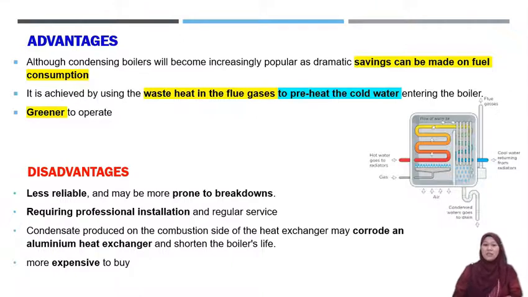Since it involves the heat exchanger, the piping and also the heating, it may corrode the aluminum exchanger inside the boiler. So you need to be very careful on the maintenance of the condensing boiler. And it's a bit expensive compared to other systems like the back boiler system. So condensing boilers are costlier, but they give you high efficiency.